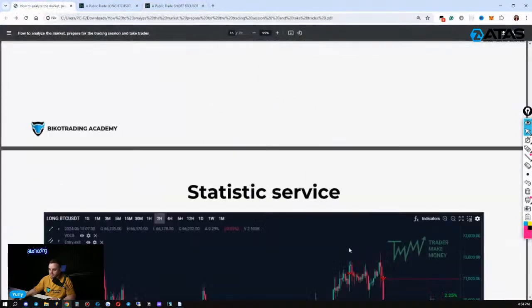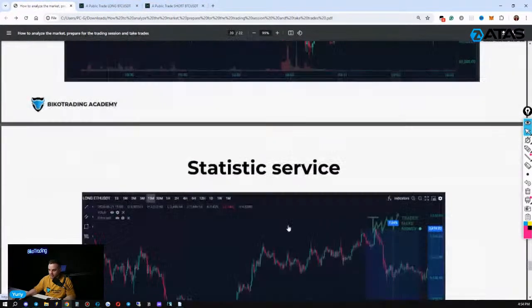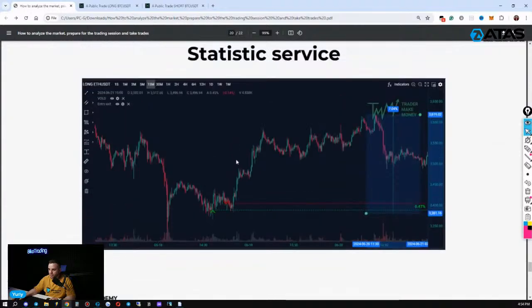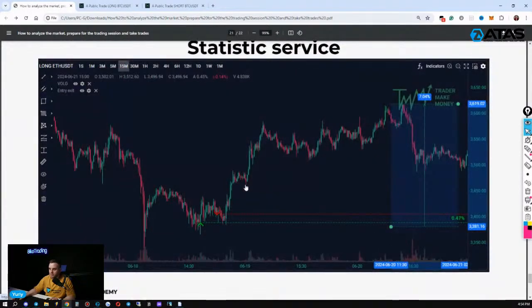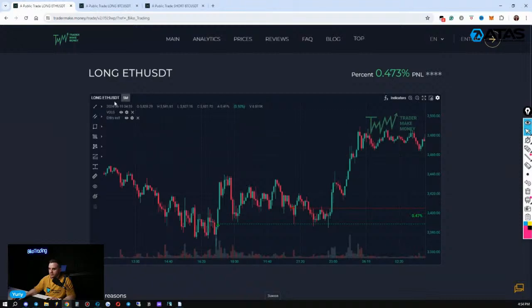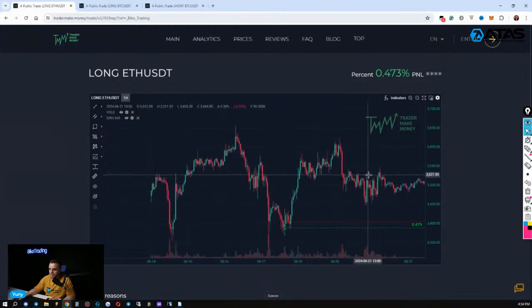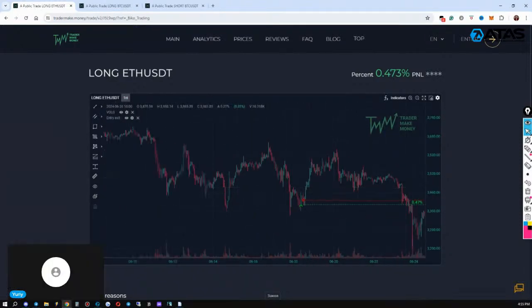When I analyze a trade, the most important thing for me is to understand my mistake. Sometimes I make a mistake, like at this moment, you can see the long on Ethereum that I did. Price reached, again, the value area low.